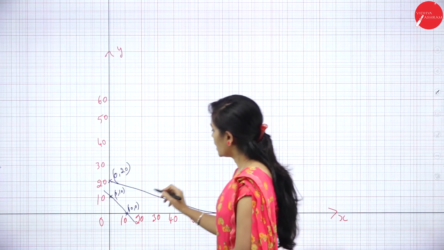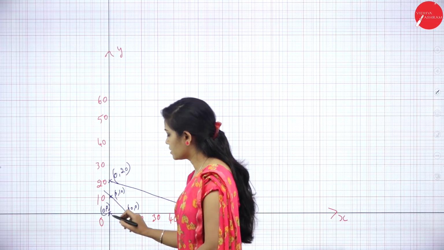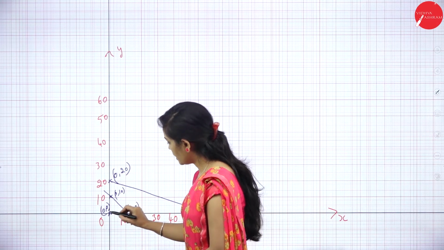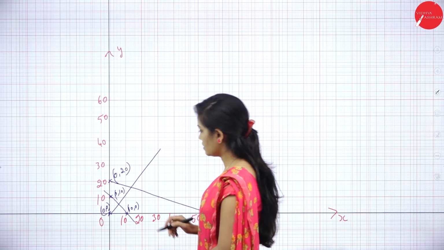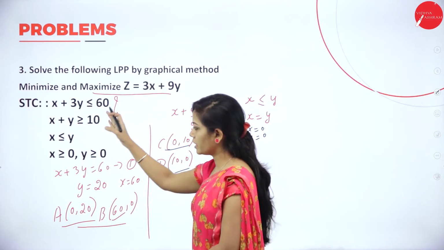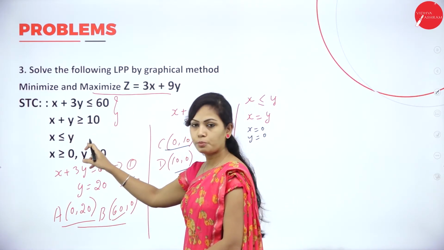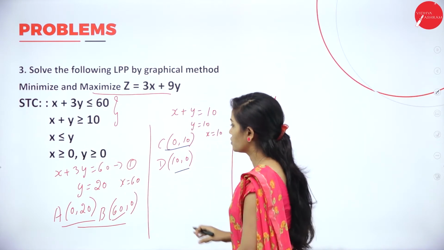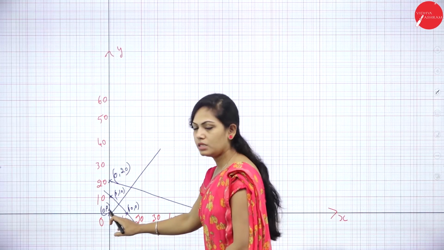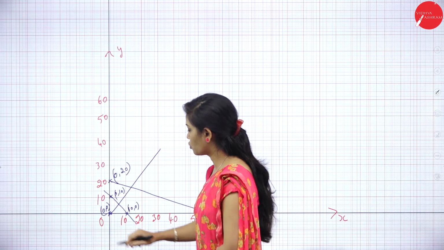So here I will mark 0, 0. Then I will join these points. Here I actually have 3 constraints, including x less than or equal to y. You are not supposed to miss this constraint also. So I have marked 0, 0. You just connect this point.